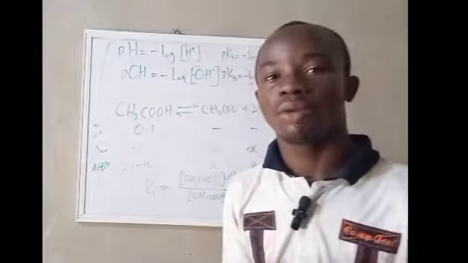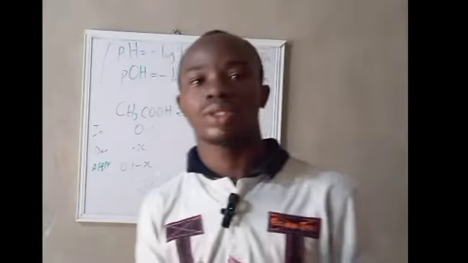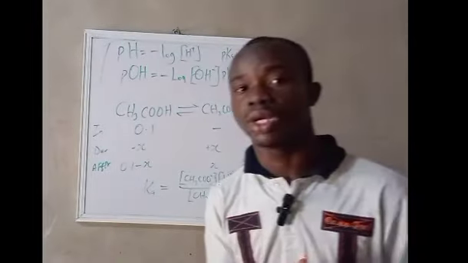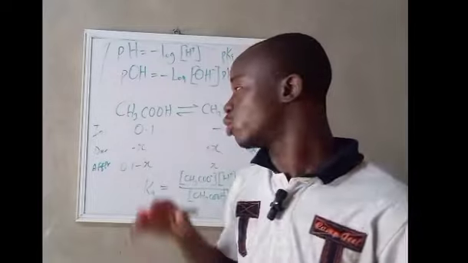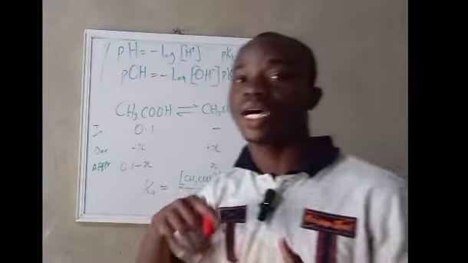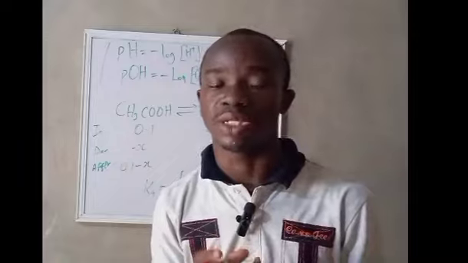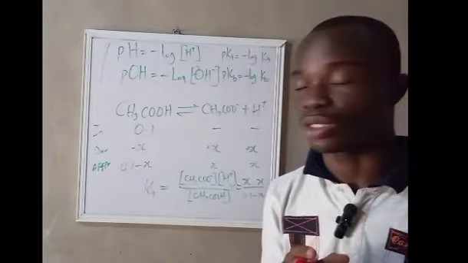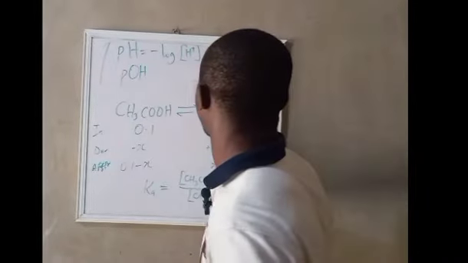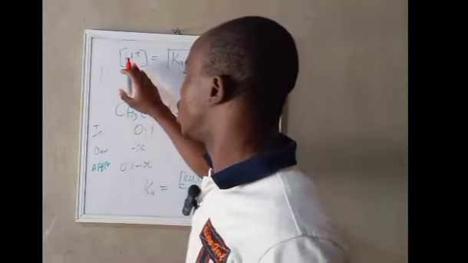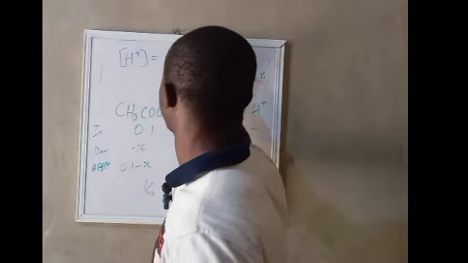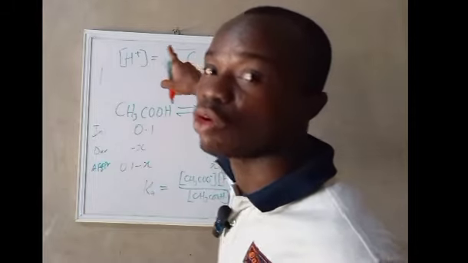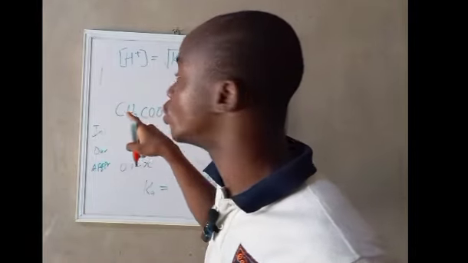But on a common ground, there is a general expression you can always use to determine the amount of H plus produced from either a weak acid or a weak base, but it has a condition before you can use it. That expression is that the concentration of H plus will be equal to the square root of Ka multiplied by the concentration of the weak acid given to you.